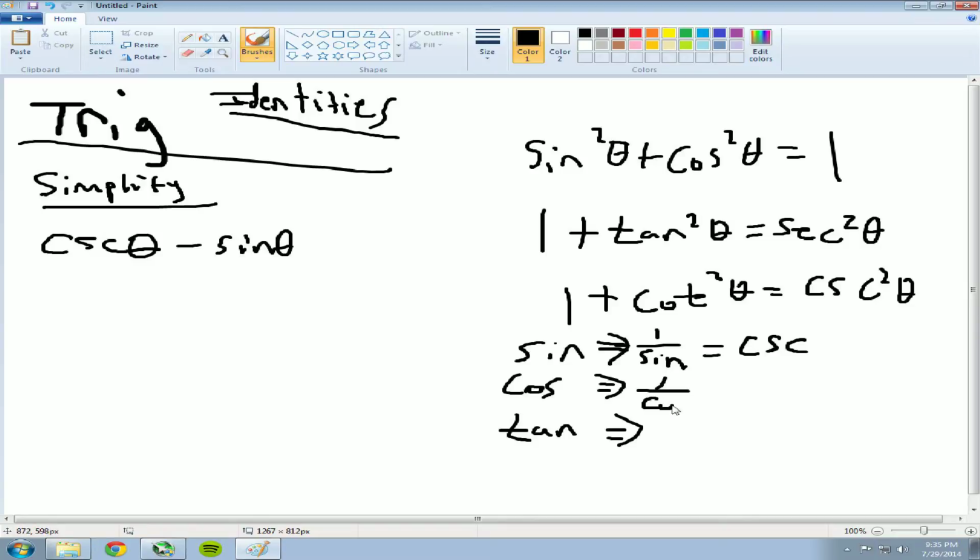And 1 over cosine is equal to secant. And 1 over tangent is equal to cotangent.